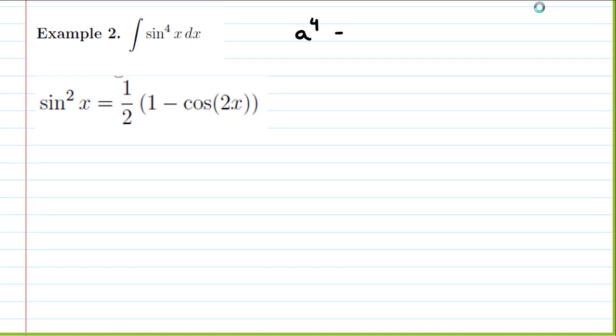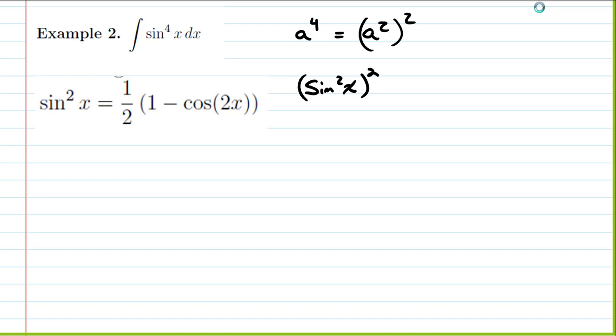raised to the fourth power, this is the same as a squared squared. Because if I have a power of a power, it's the same as multiplying the exponents together. And since I want a sine squared, what I really want is sine squared of x raised to what power is going to give me sine to the fourth.